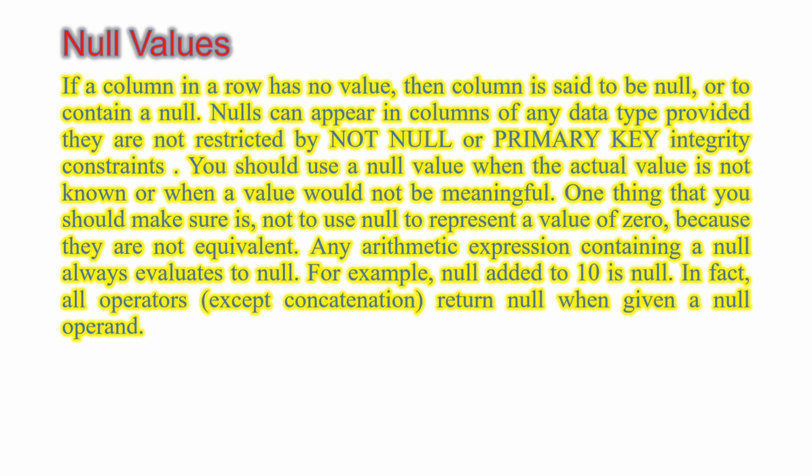One thing that you should make sure is not to use null to represent a value of 0, because they are not equivalent. Any arithmetic expression containing a null always evaluates to null. For example, null added to 10 is null. In fact, all operators except concatenation return null when given a null operand.